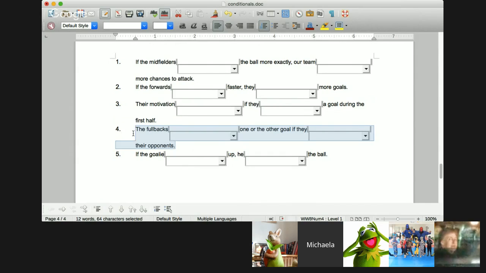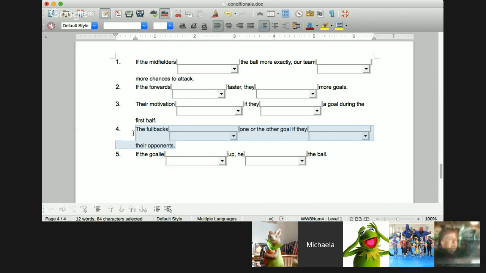The fullbacks would have scored one or the other goal if they, and then the past perfect for this blank. If they won. No. Past perfect? If they have won. That's still the present perfect. We need the past perfect. The past of win is won.